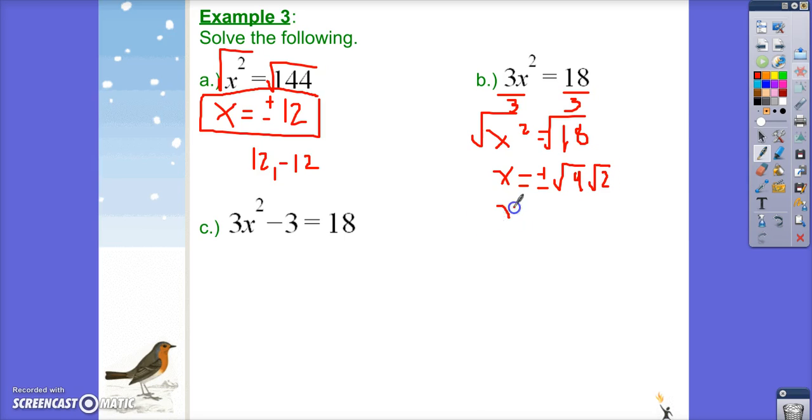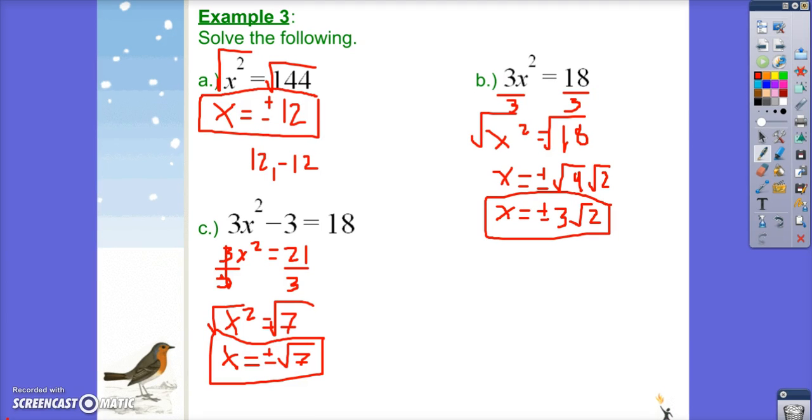You get x equals plus minus 3 root of 2. All right, I'm going to pause the video. I want you to try to do C yourself and then check your work.